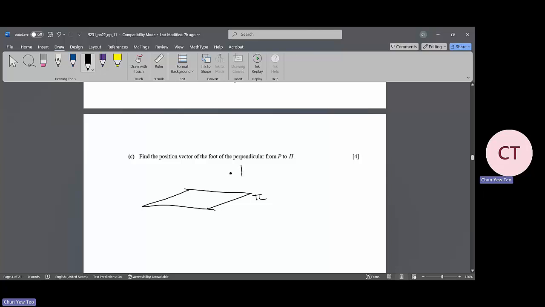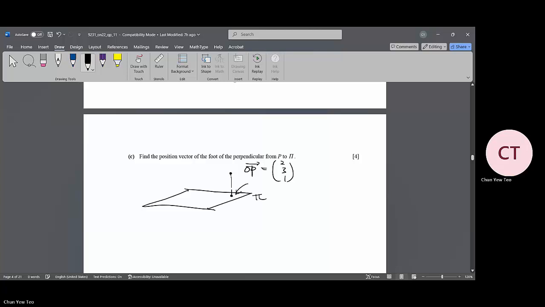Maybe we just write the vector OP. P is equal to 2i plus 3j plus k. This is OP, so we are looking for the position vector.